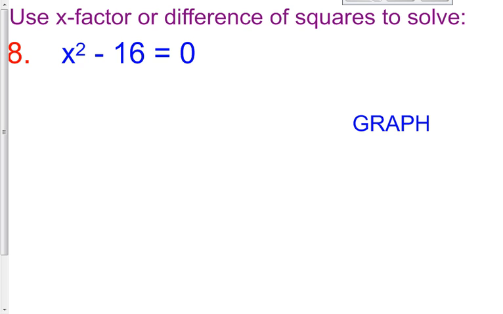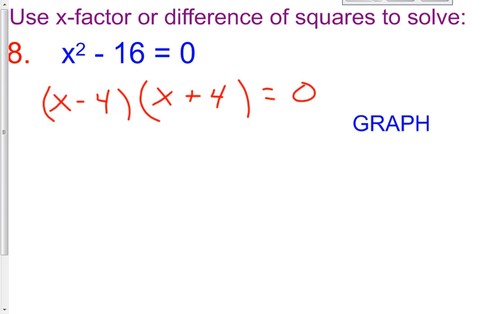All right, last one. x squared minus 16. If you look at this one, it doesn't have an x term. It doesn't have that b value. But you can still factor it. This one's called the difference of 2 squares, which if you remember on that one, it's x minus 4 and x plus 4.